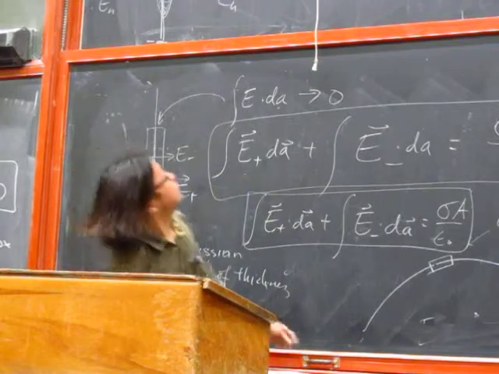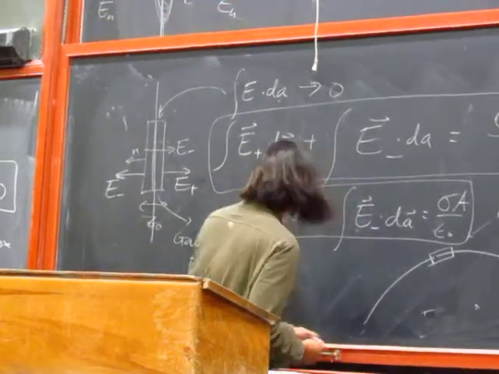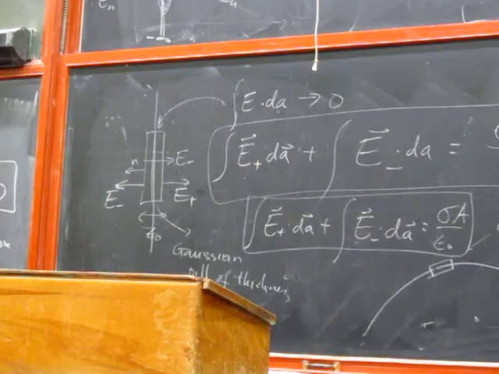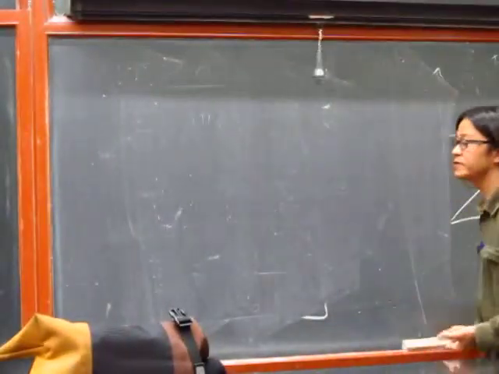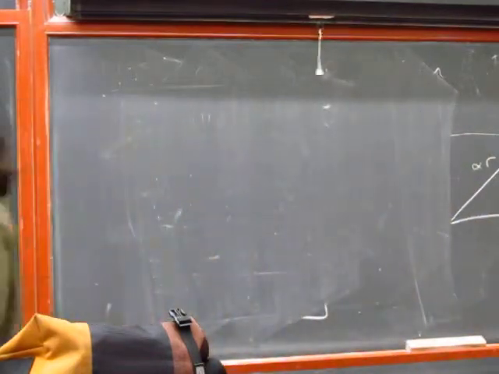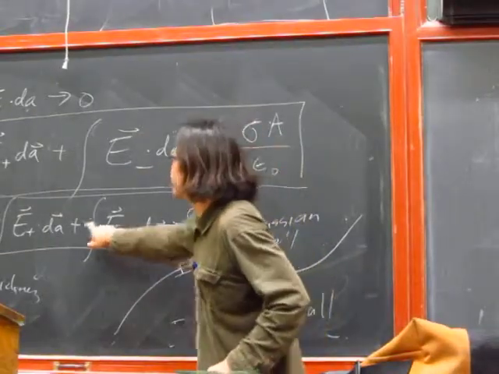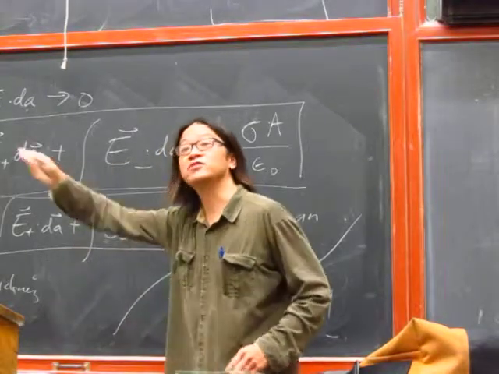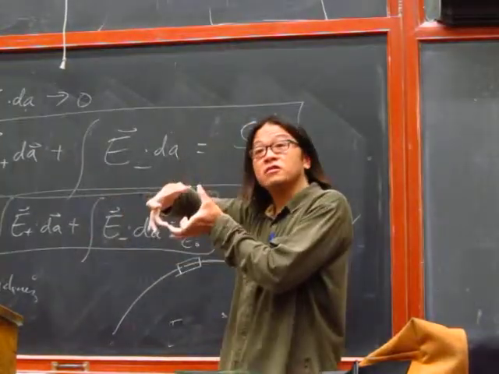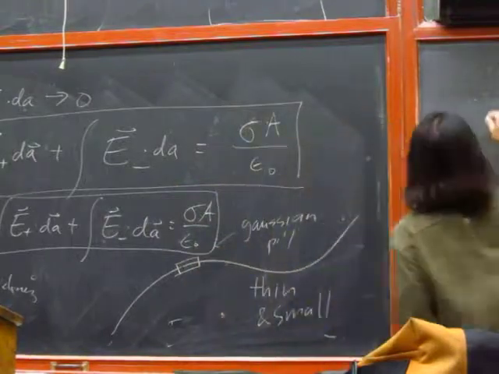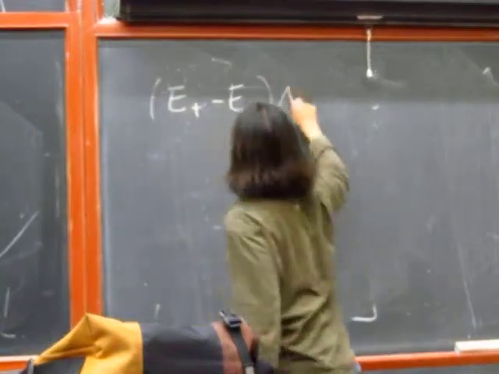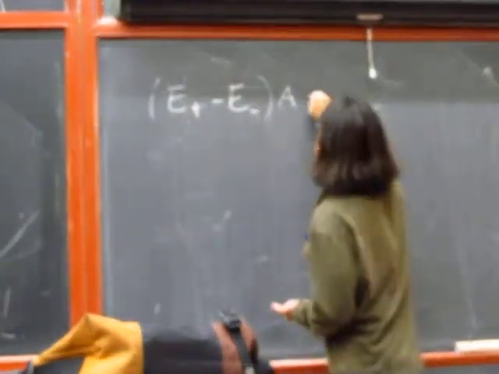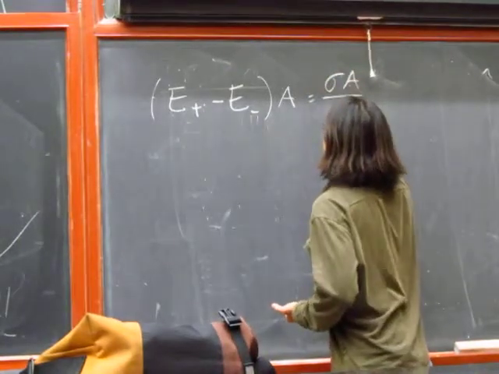Then, if we assume the pillbox is small enough, I can pull the electric field out of the integral, assuming there's not much variation across the pillbox. Then I have E plus minus E minus, times the area, is equal to sigma area over epsilon.